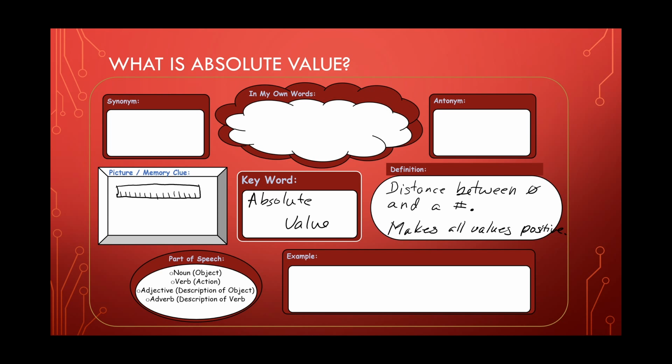If I take the absolute value of -7, the distance between 0 and -7 is just 7 spaces. So it becomes a +7. Likewise, if I take a +4, the distance between 0 and that 4 is 4 spaces. So it stays positive.